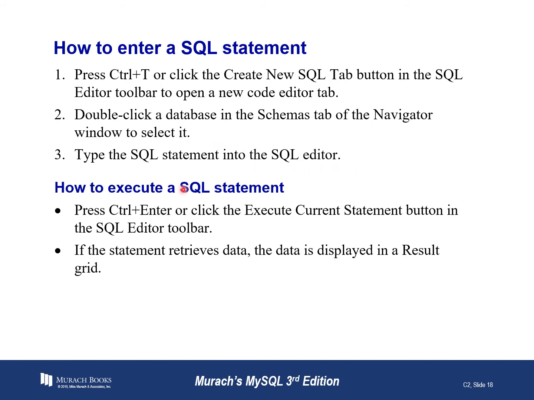Then to execute, you could either press Ctrl Enter or click the execute current statement button. If the statement retrieves data, the data is displayed in a result grid. Okay, so those are the steps of how you would open a new SQL tab, write some SQL statements in it, execute it, and see the results.